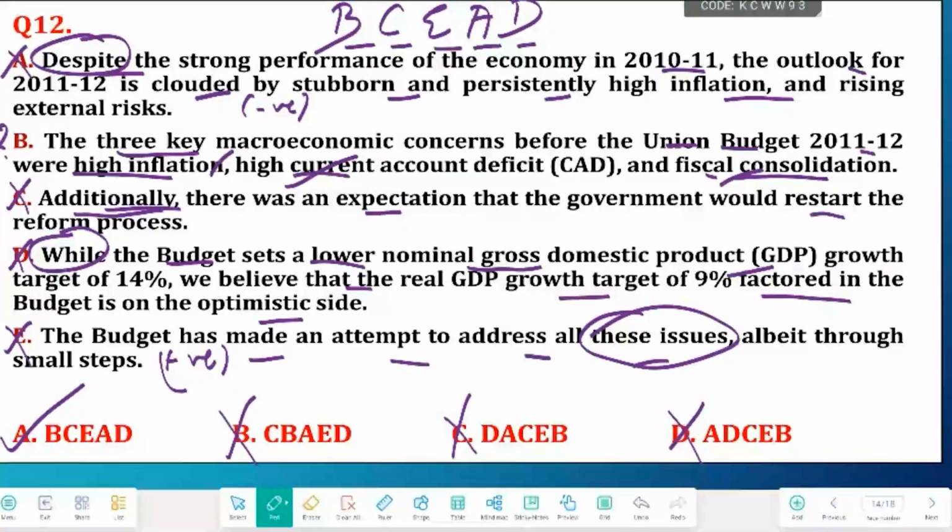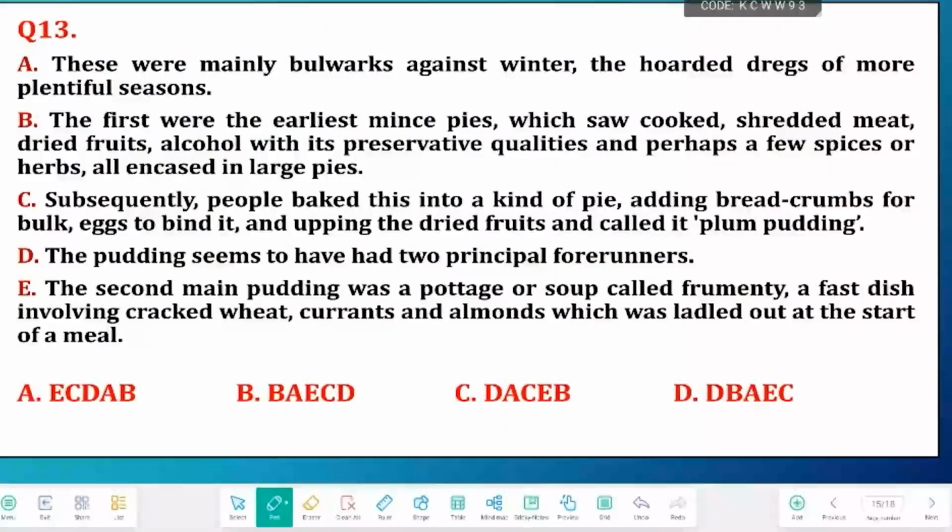Okay, fine. Let's move on to the next parajumble, and here it is on your screens. First of all, I'll read all the statements for you. Statement A क्या कह रहा है? These were mainly bulwarks against winter, the hoarded dregs of more plentiful seasons. Statement B, the first were the earliest mince pies, which saw cooked shredded meat, dried fruits, alcohol with its preservative qualities, and perhaps a few spices or herbs, all encased in large pies.